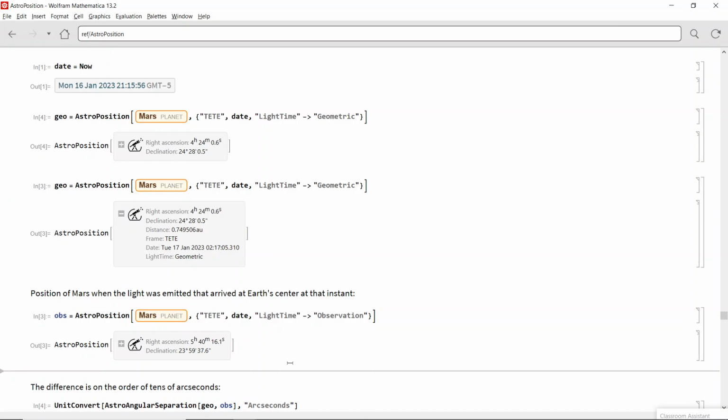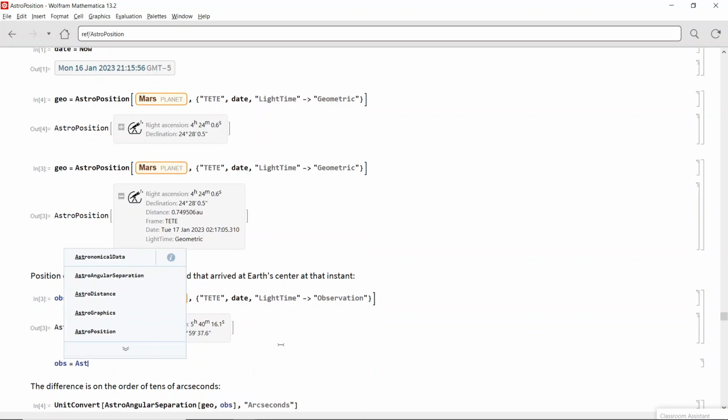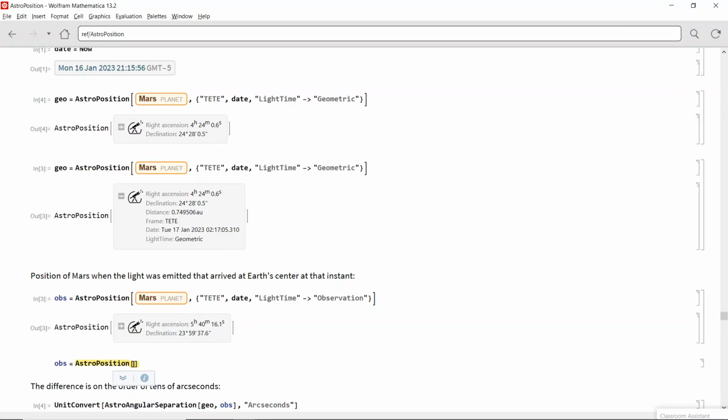Wait, let me think of this. So, obs equals AstroPosition Mars, TE, date, light time, observation.